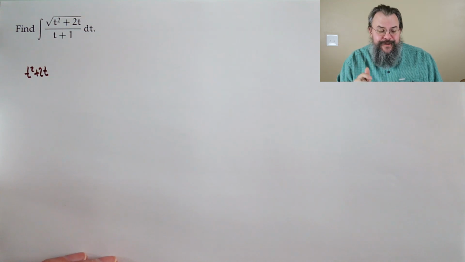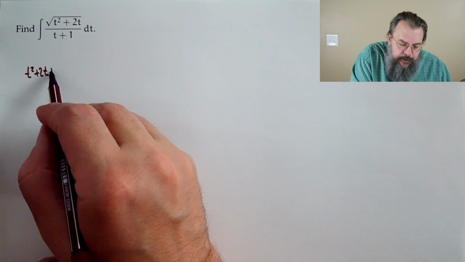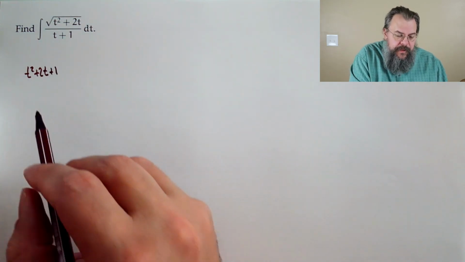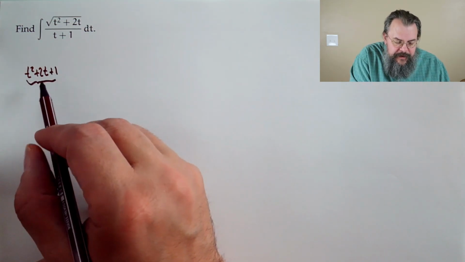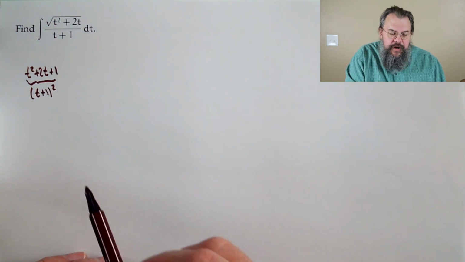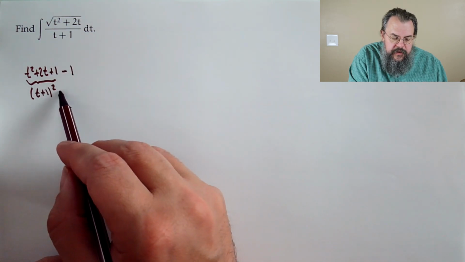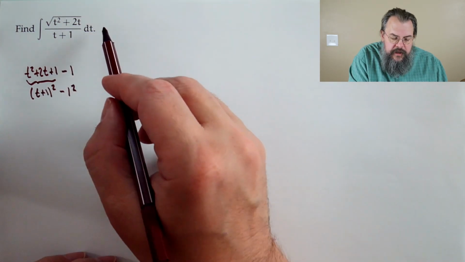That's right, we can complete the square. Of course we can, right? So here, if we were to add one more, then we'd be like, woohoo! This makes it t plus 1 squared. Great. But of course, I can't just add 1, so we'll also subtract 1 squared.